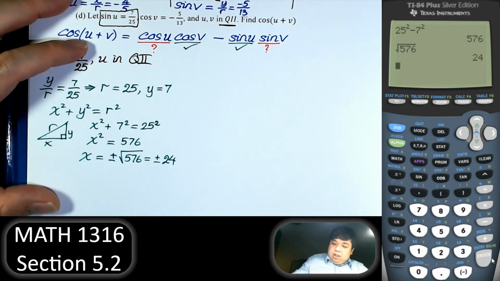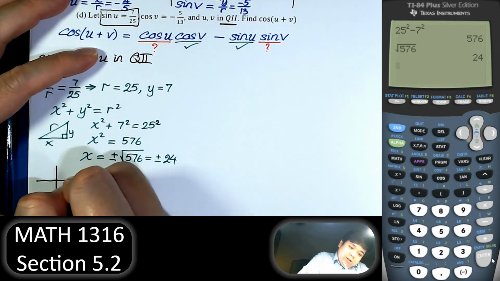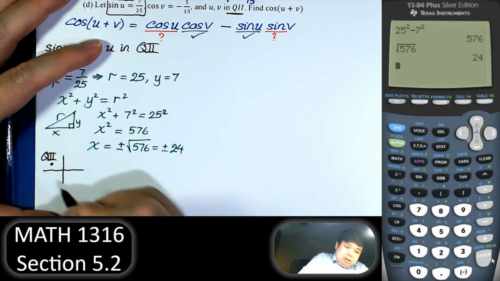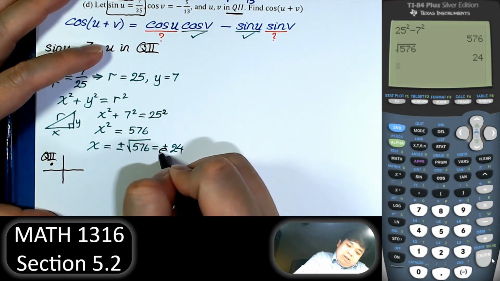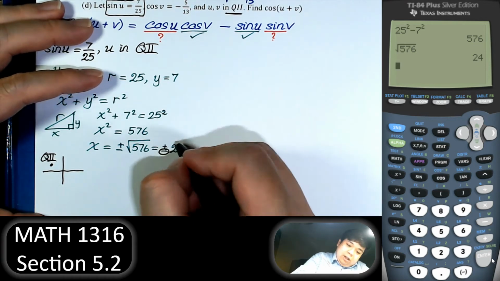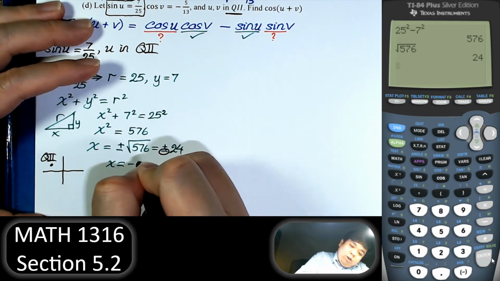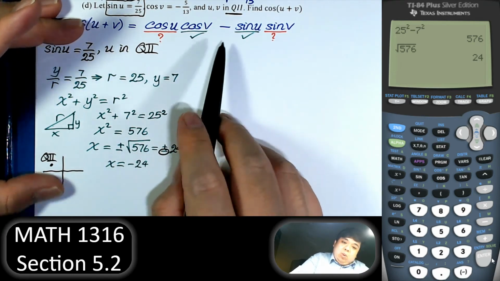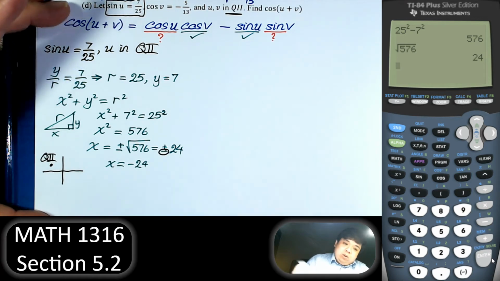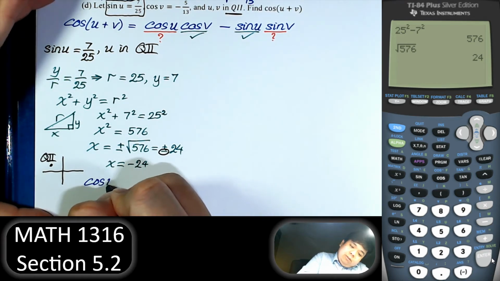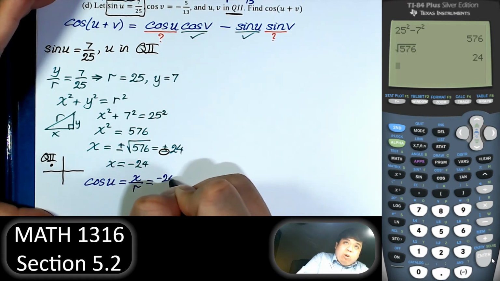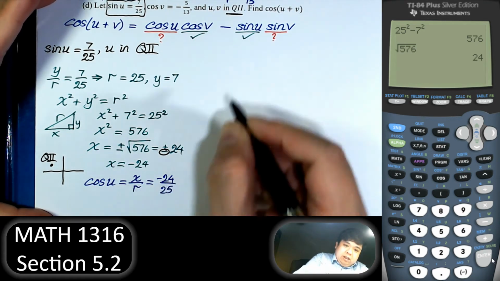Right, and this is in quadrant 2. In quadrant 2, x is negative. So x is equal to negative 24. And we have sine of u. We need to find cosine of u. So in that case, cosine of u is x over r, negative 24 over 25. So now we take care of that.